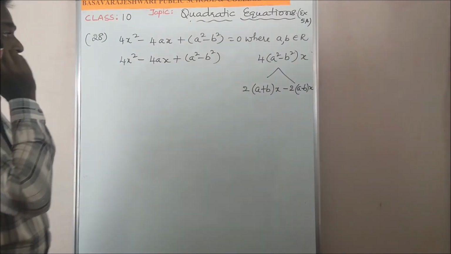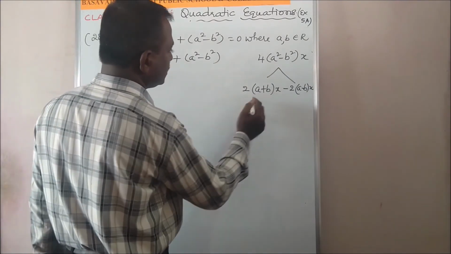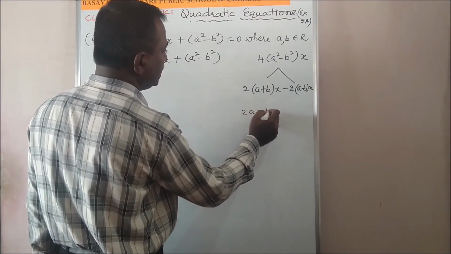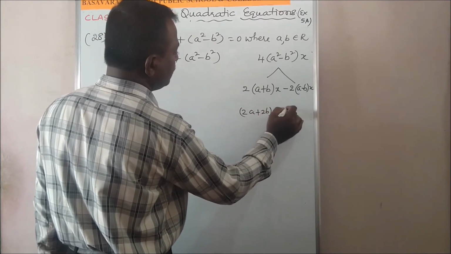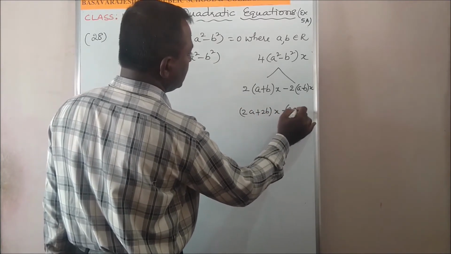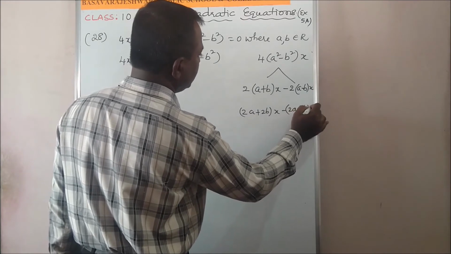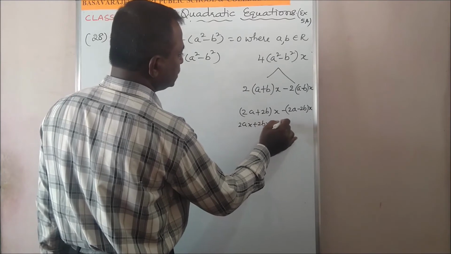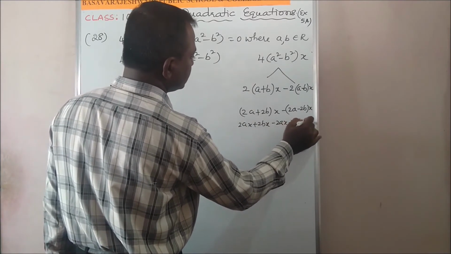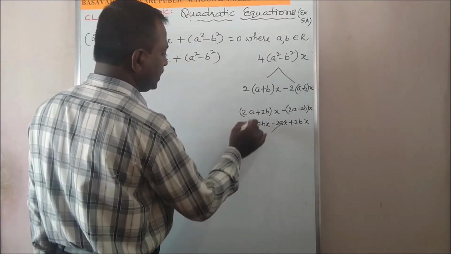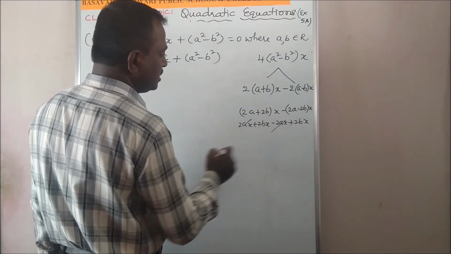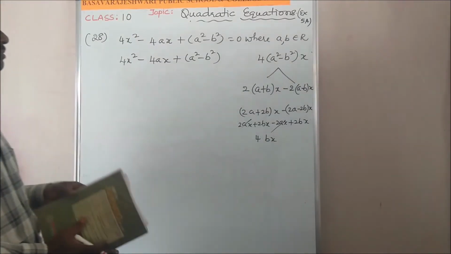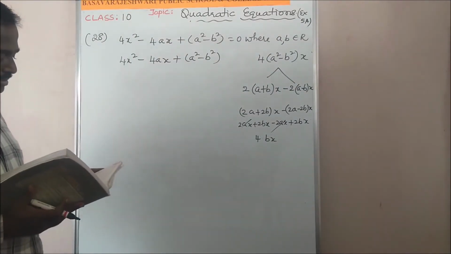Correct? So what happens is, just to see, 2a plus 2b into x minus 2a minus 2b into x. 2ax plus 2bx minus 2ax plus 2bx. So what remains? Minus 2ax cancels, so 4bx remains.